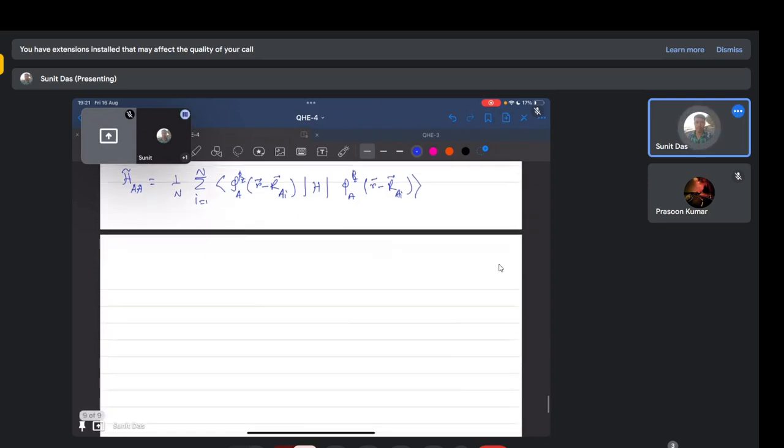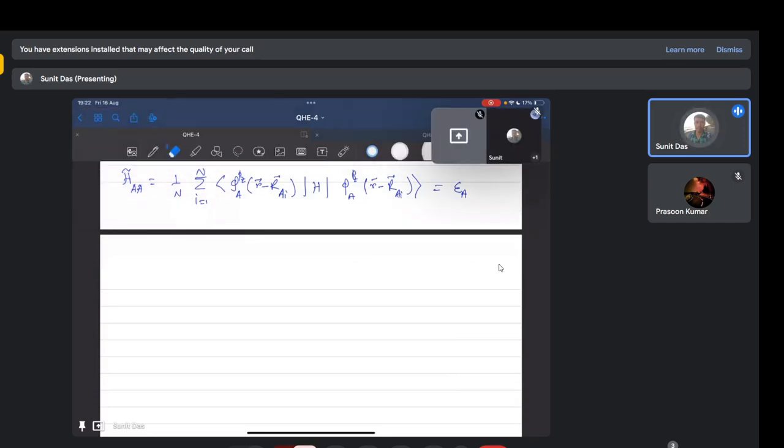So each HAA tilde is simply given by this, which we can write as epsilon A, some diagonal term. And this 1 by N comes from the 1 by root N associated with each orbital, right? From this part we'll have 1 by root N, and from this part we'll have another 1 by root N. N is the number of unit cells.